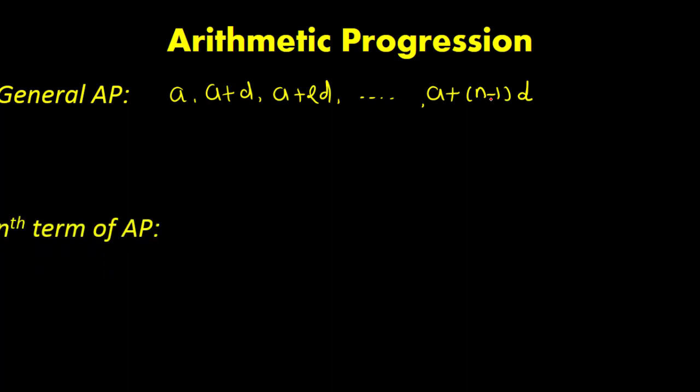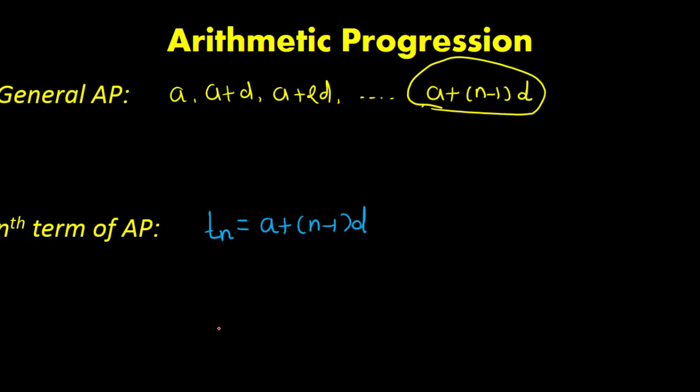So what is the nth term? I told you, the last term or any general term is nothing but the nth term. So Tn is always equal to a plus n minus 1 d. Now what is the sum of the first n terms of an AP?